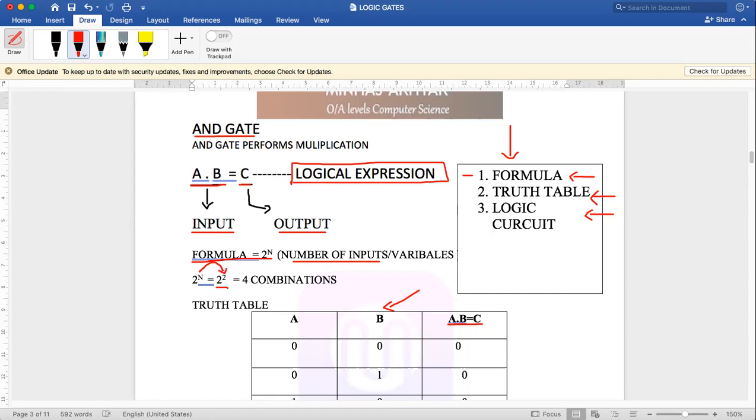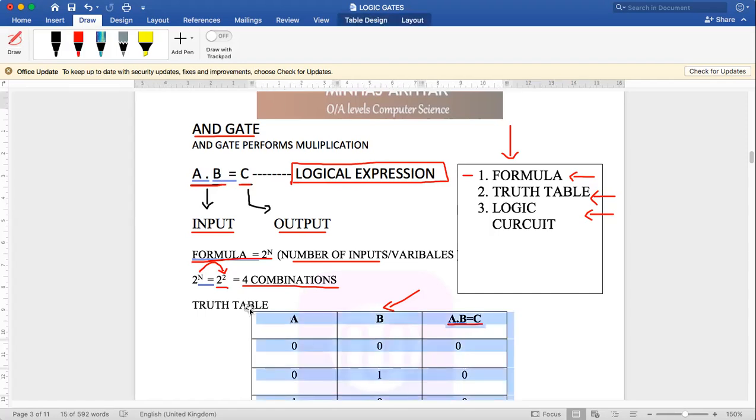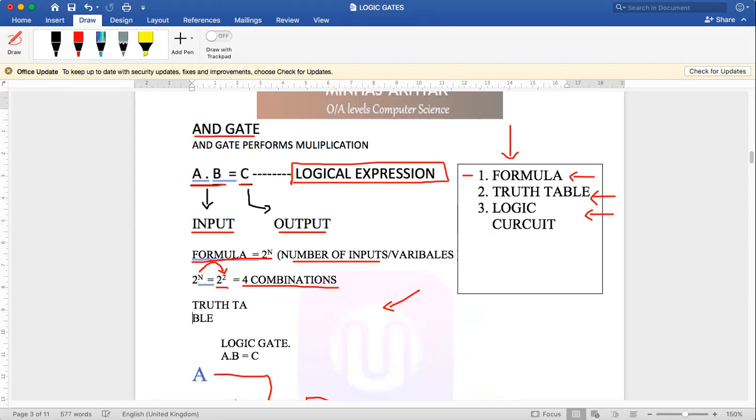If we have 3 variables, we need to write 3. Right now we have only 2 variables. So 2 power 2, 4 combinations. It means once we draw the truth table, we need to make a combination of 4. Like we need to draw 4 rows.